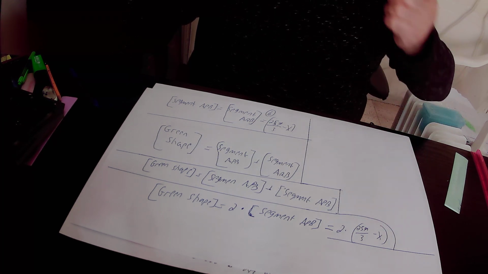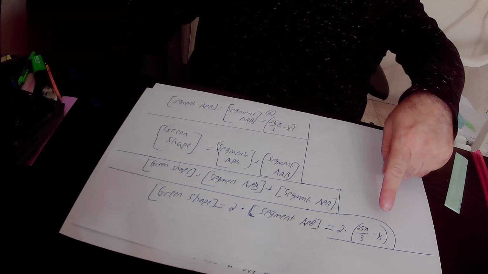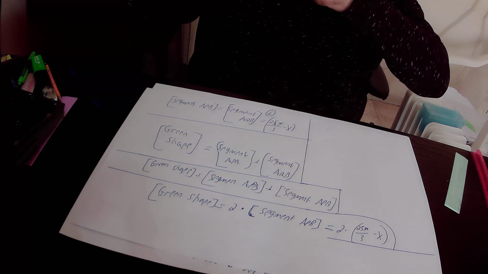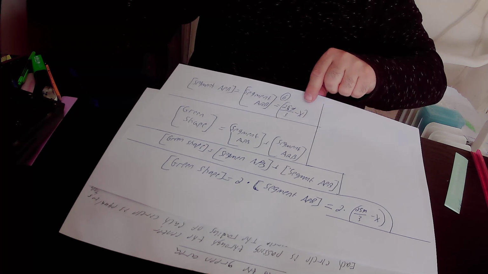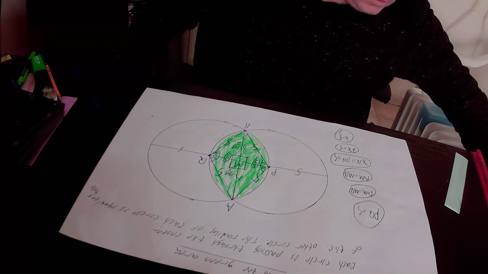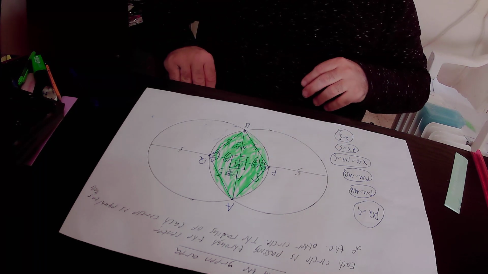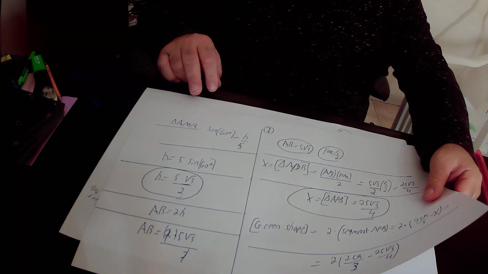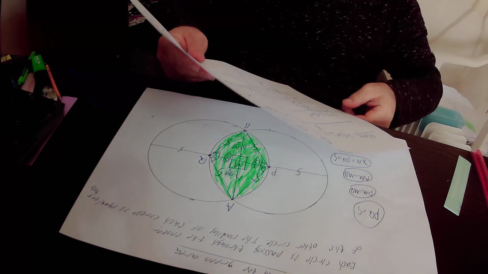So the only thing that is left in order to find the area of the green shape is to find the value of x, that is the area of triangle APB, and it is also the area of triangle AQB. So we'll find the area of triangle APB.